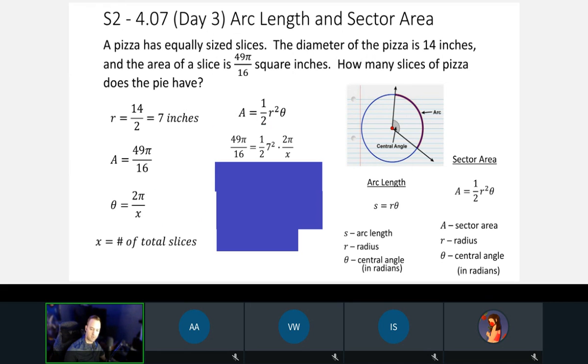All right, everyone solve for x. I'm going to give all of you 2.5 minutes.